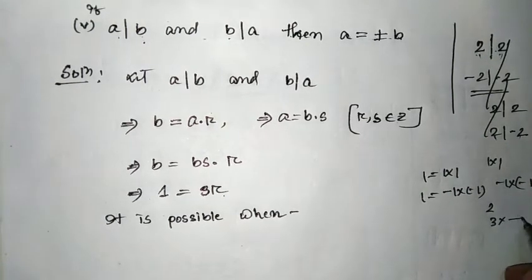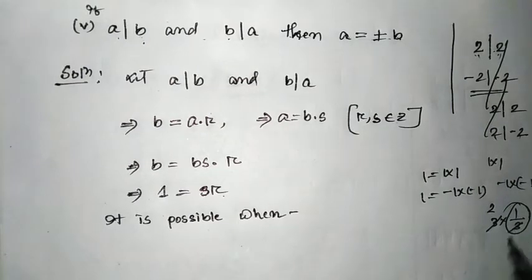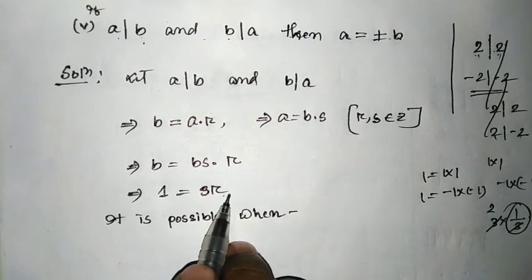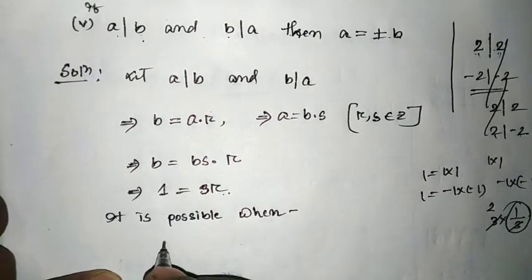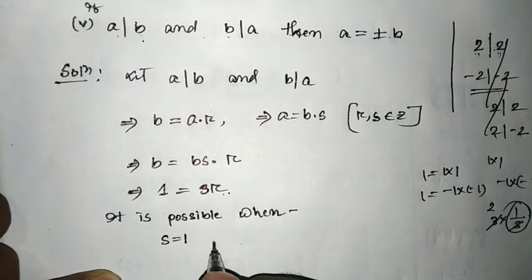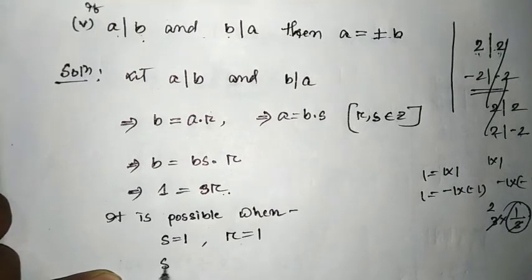To get 1 as a product of integers, only these are possible. Suppose 3 into 1 by 3 is also correct, but 1 by 3 is not an integer, so we cannot consider it, because S and R both are integers here.